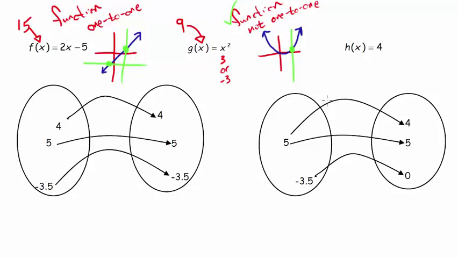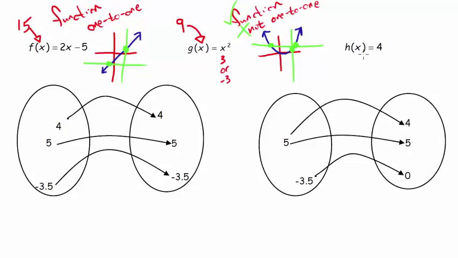However, if we do a horizontal line, let's say this was 9 here, we have one value here at -3 and another one here at 3, so this is not 1 to 1. So vertical line test, if it hits once, it's a function. Horizontal, if it hits once, it is 1 to 1.